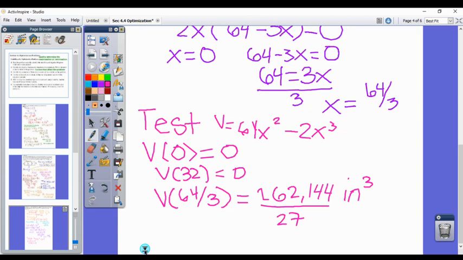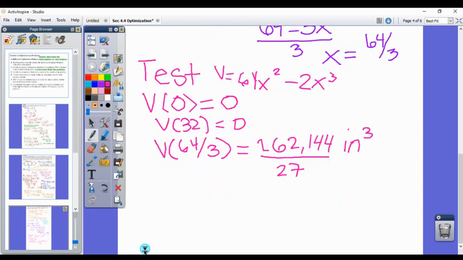So my dimensions for my x and my y, so my length and my width, are x, which is 64 over 3. So we can actually solve for our height now.